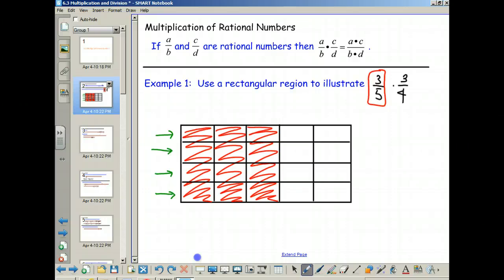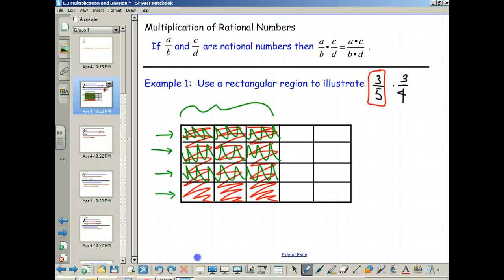So at this point, I am just going to concentrate on the part of the diagram that's shaded. So if I ignore the rest of it, I want to shade in 3 rows of these 4. So here's row 1, here's row 2, and here's row 3. And I have now shaded in 3/4 of the shaded red 3/5 picture.